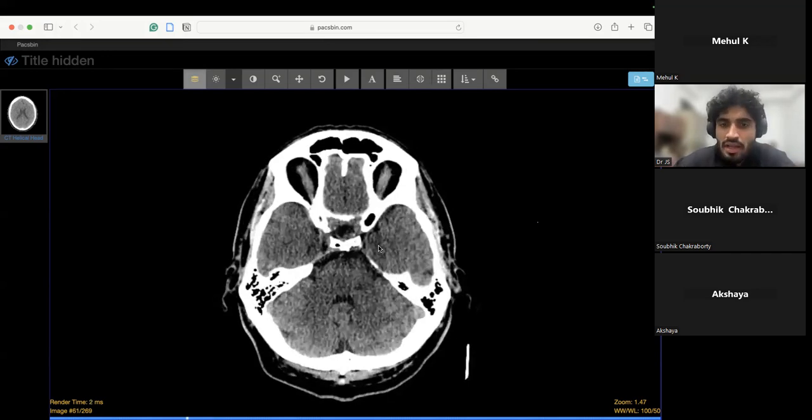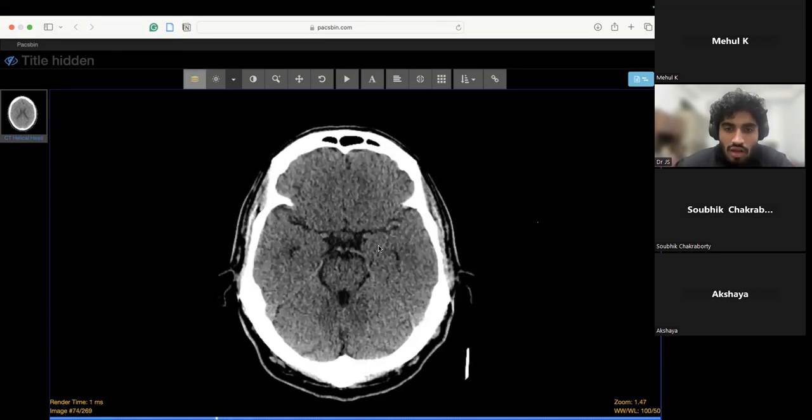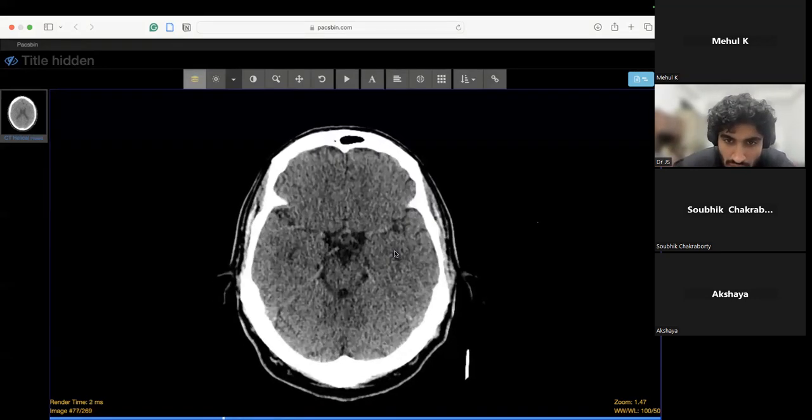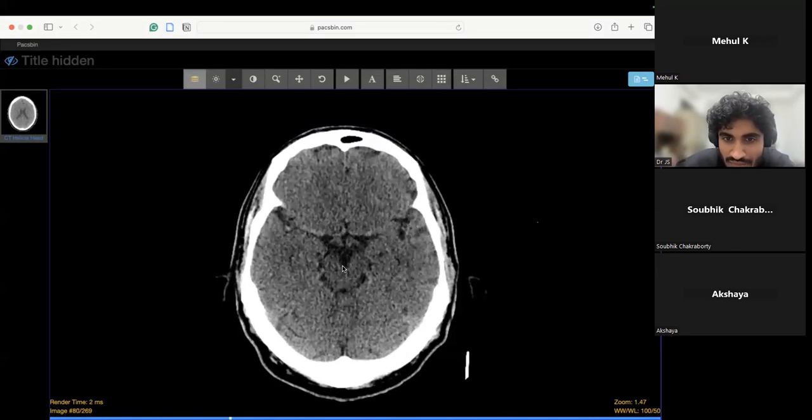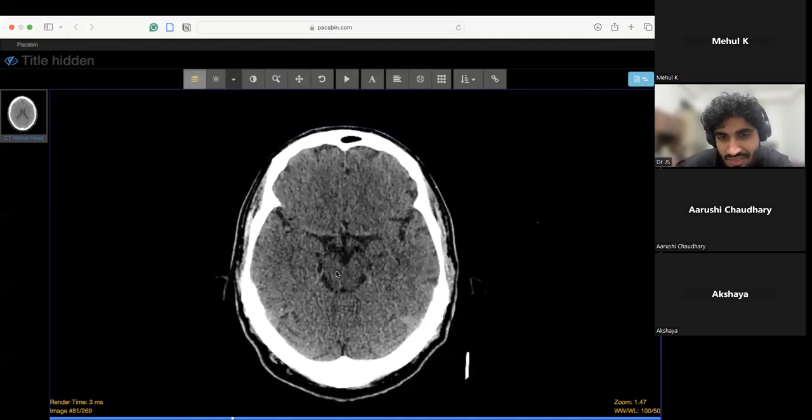To remember the subarachnoid hemorrhage and also this one. Arushi, what does this structure look like? Any cartoon you can remember? This part.